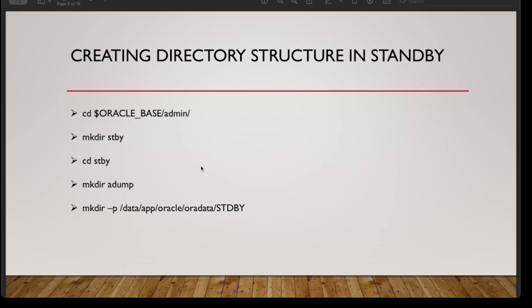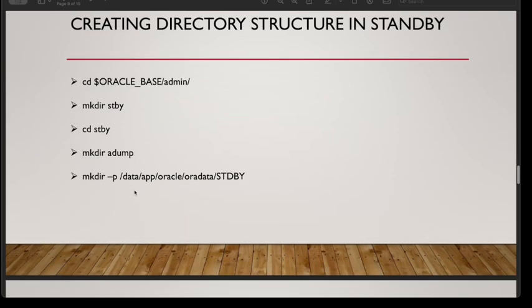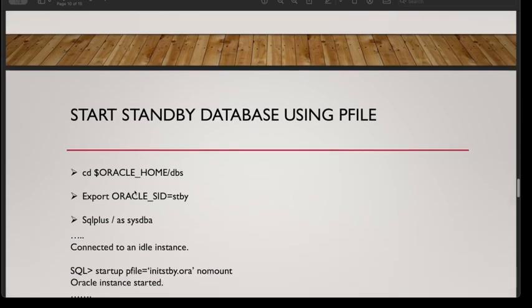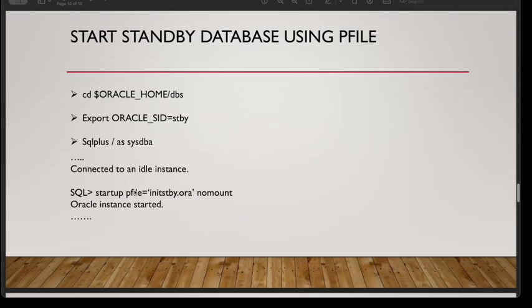So go in the admin directory and you can do mkdir with the name of the standby SID. Okay, so again you can make a dump folder, cd dump in the admin, and then you can go in.